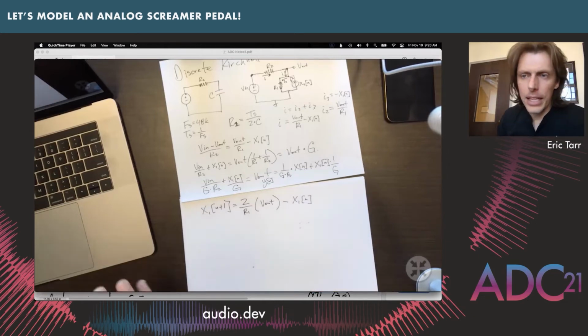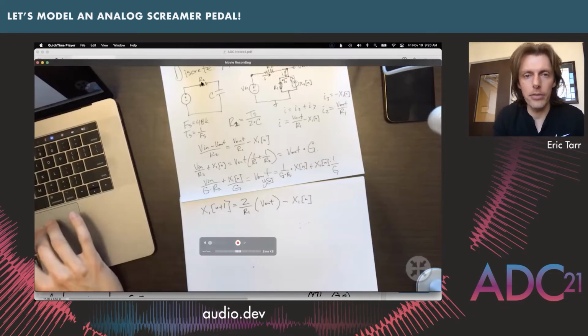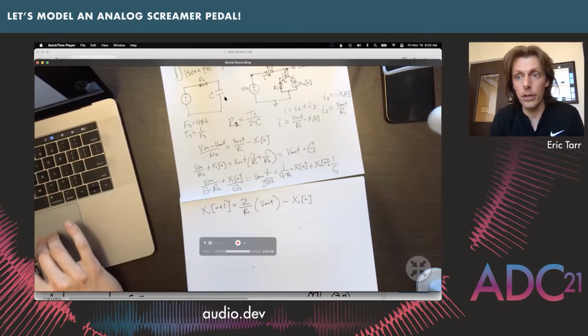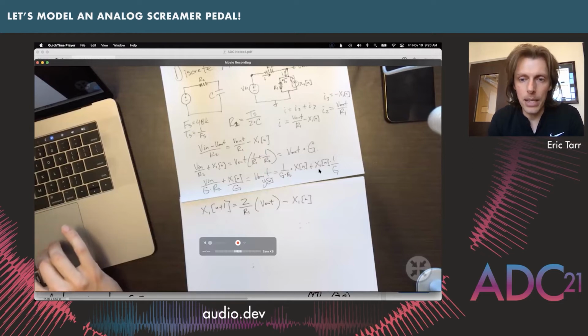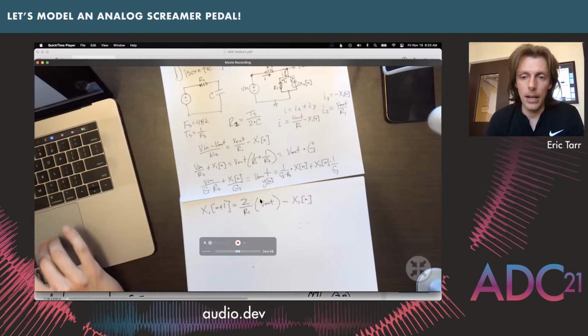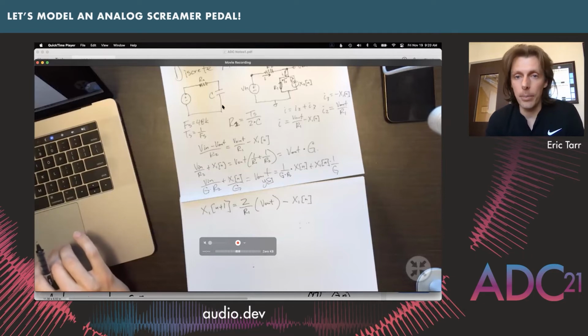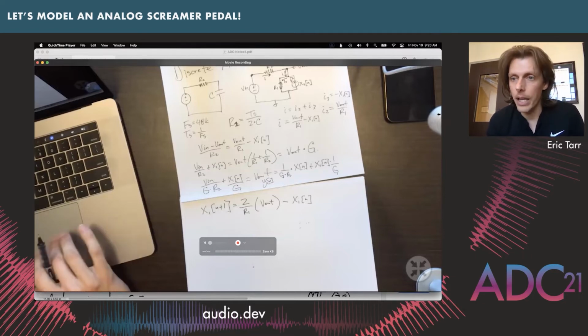So hopefully that gives you a basic way to take this type of resistor and capacitor filter and turn it into a few lines of code in a plugin that perform the filtering based off of real component values of a resistor and a capacitor like that.